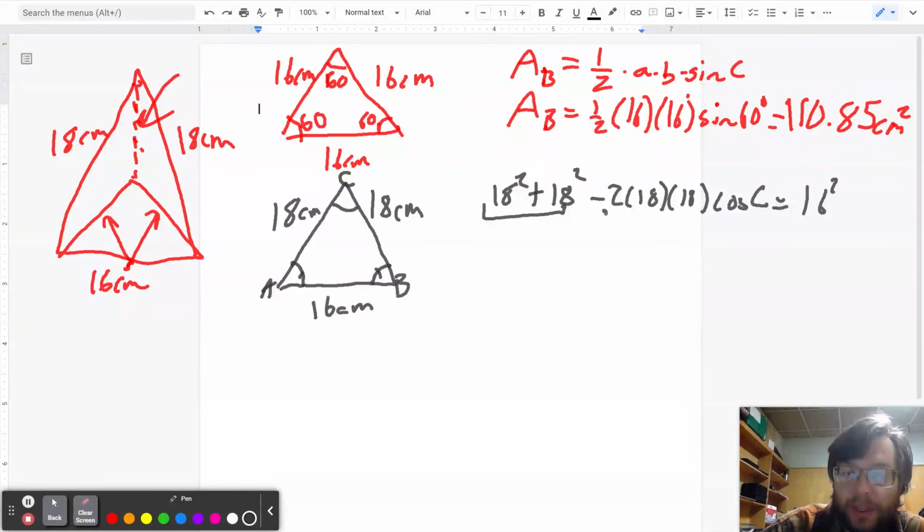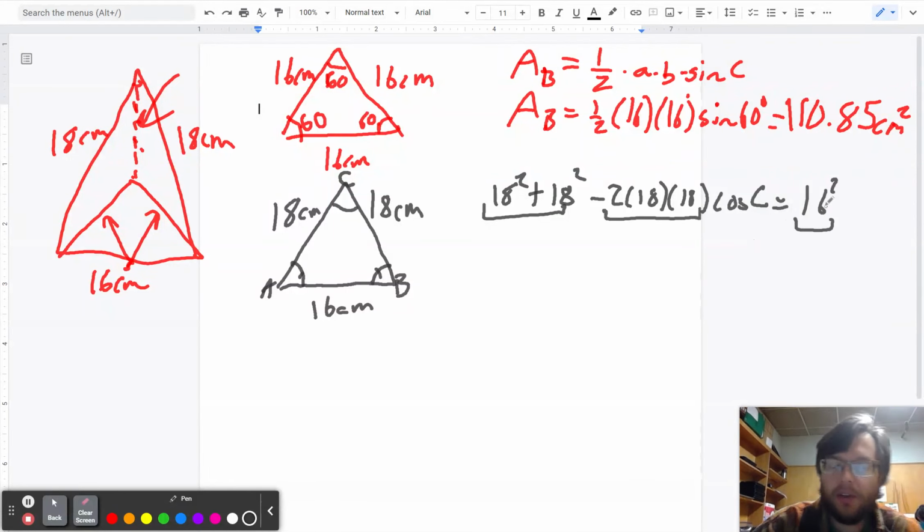We've got three different chunks of this that we can calculate. Remember, you can't type it all in at once because you don't know the angle C. So we're going to work backwards here to calculate what the angle C is.